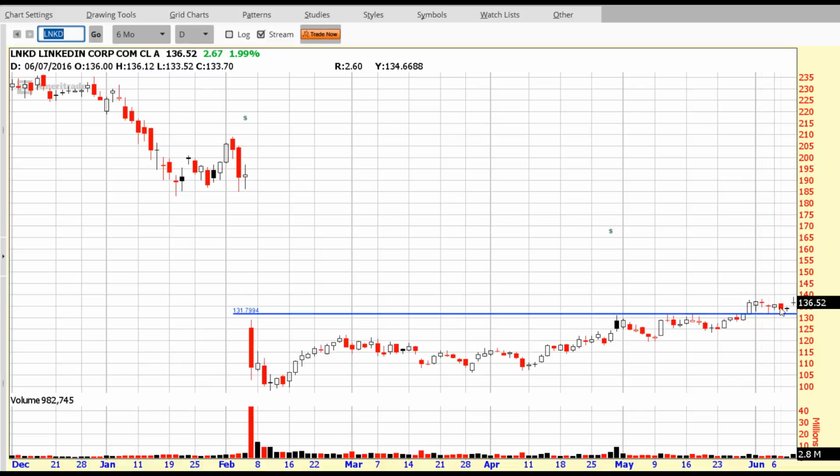Since then, we've been trading 8 days above the 131, 132 resistance level. Yesterday it did try to break the 140 level, but failed to break through. More importantly, the fact that it has been staying above the 131, 132 level for the last 8 trading days shows this one has some strength.